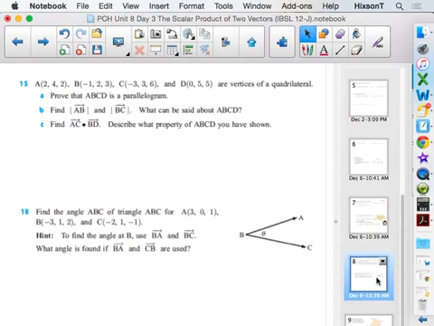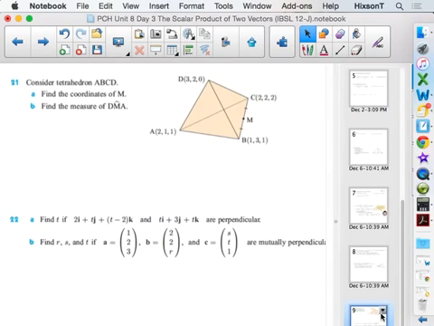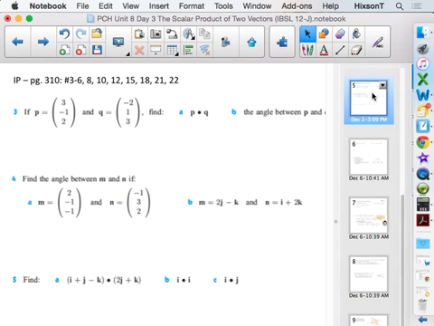And then here you have some parallelogram application, another with a tetrahedron. So there are some interesting applications here that you can work through in the last 40 minutes of class.